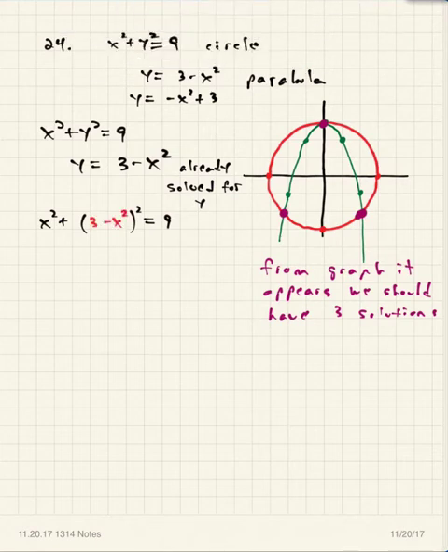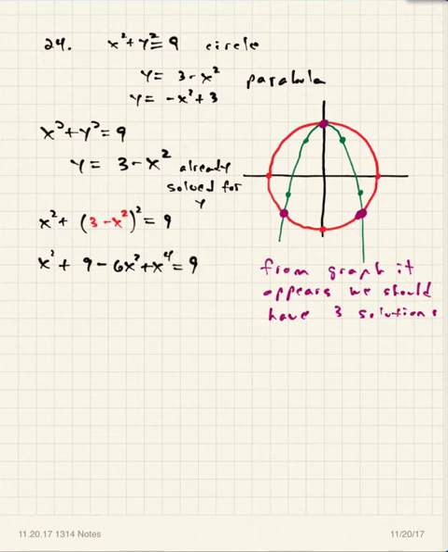Now notice this, when you square this, it's going to create a problem, and so this may indicate to us that maybe we could look for a different method. When you square 3 minus x squared, you get 9 minus 6x squared plus x to the 4th equals 9.